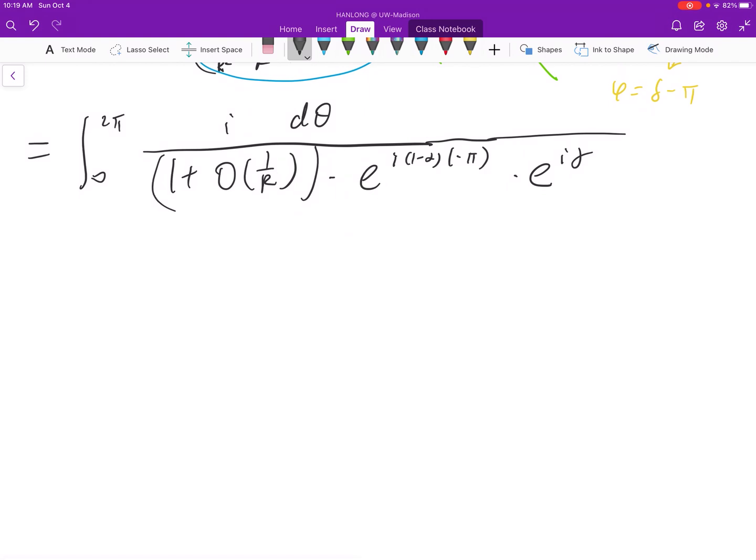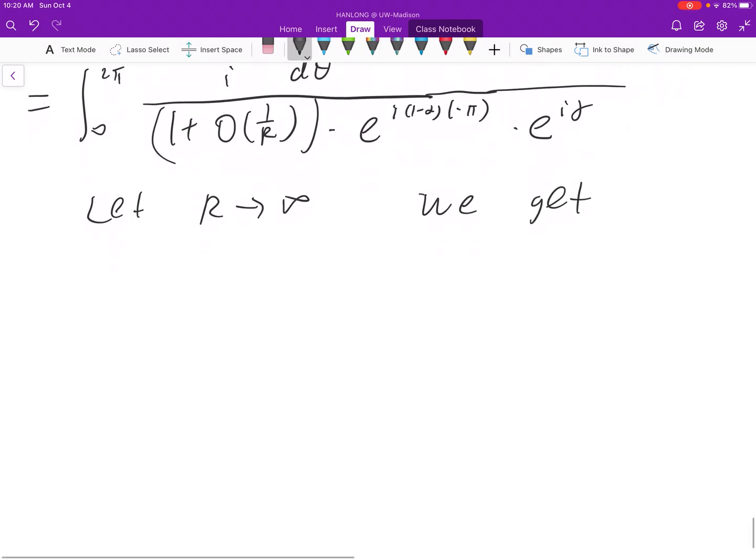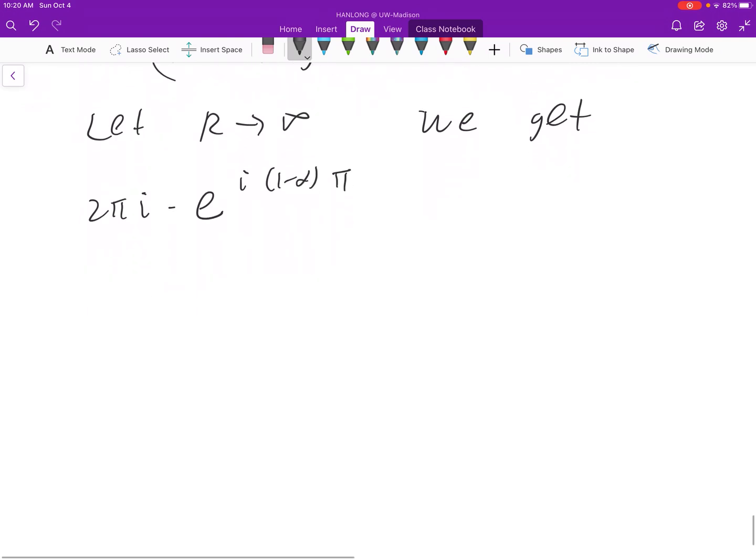So this is, let R go to infinity, we get 2 pi I times exponential I 1 minus alpha pi.